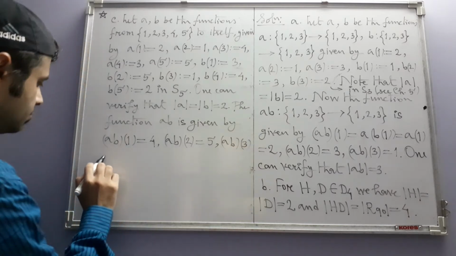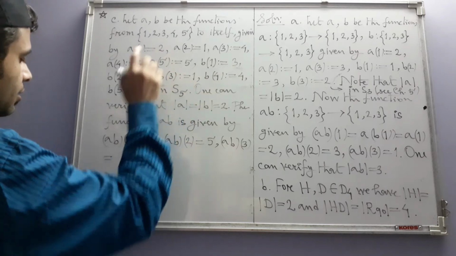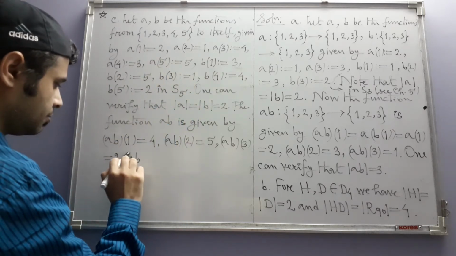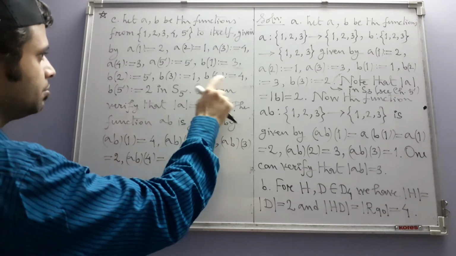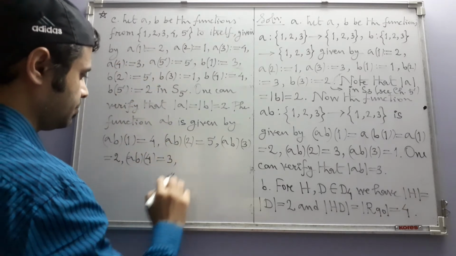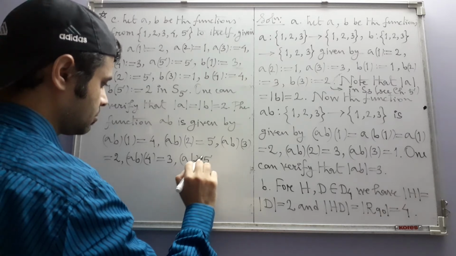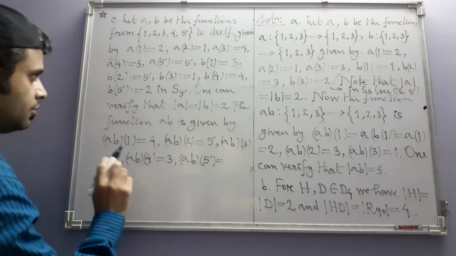AB of 3, B of 3 is 1, A of 1 is 2. Then AB of 4, B of 4 is 4, A of 4 is 3. And finally AB of 5 is going to be 1 because we haven't had 1 here.